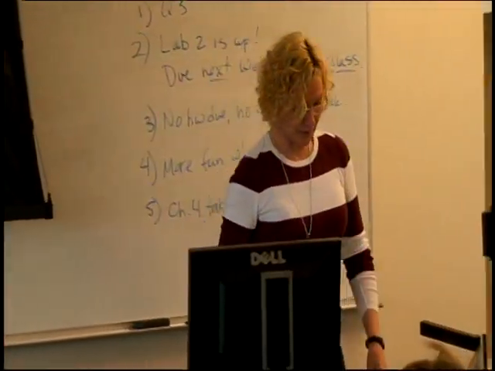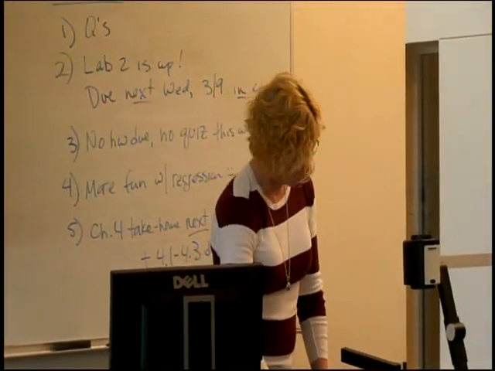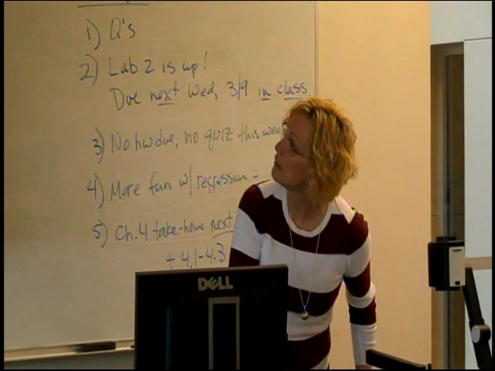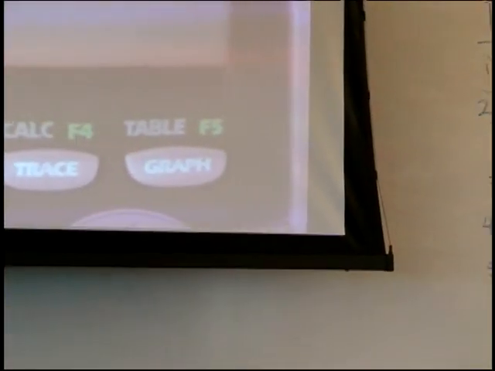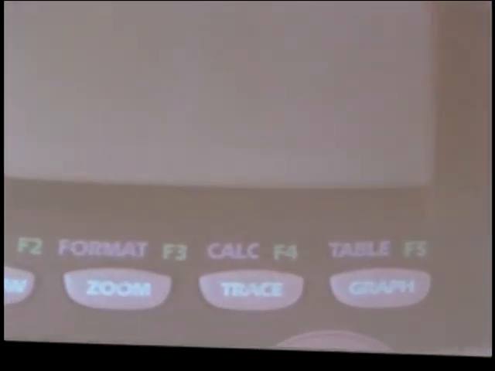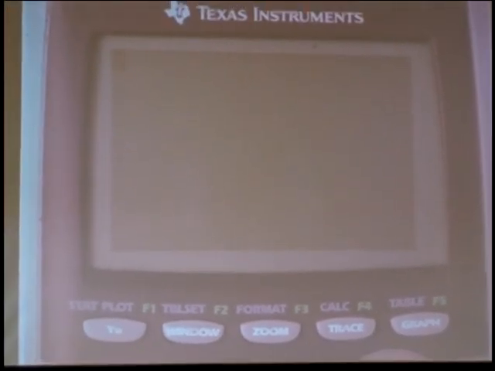So let's go to the calculator. A few of you had some issues with graphing the line with the scatter plot, and I apologize because I always miss the first step and I have to go, no, wait, back up. Okay, so there's our calculator.